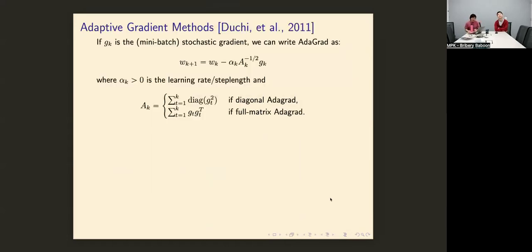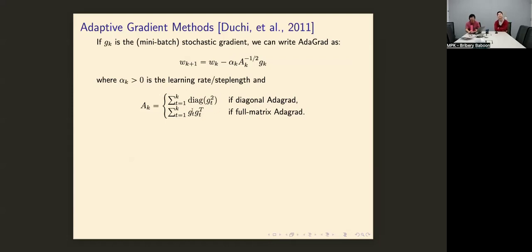It turns out that back in the day when Adagrad came out, by John Duchi back in 2011, there were actually two versions of the method that he proposed at the time. One version was this diagonal scaling method, which is what I just showed you in the previous slide.